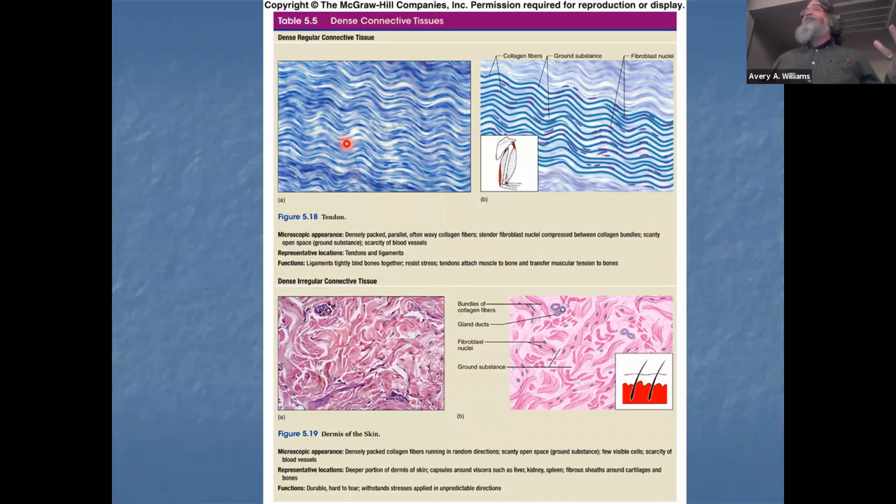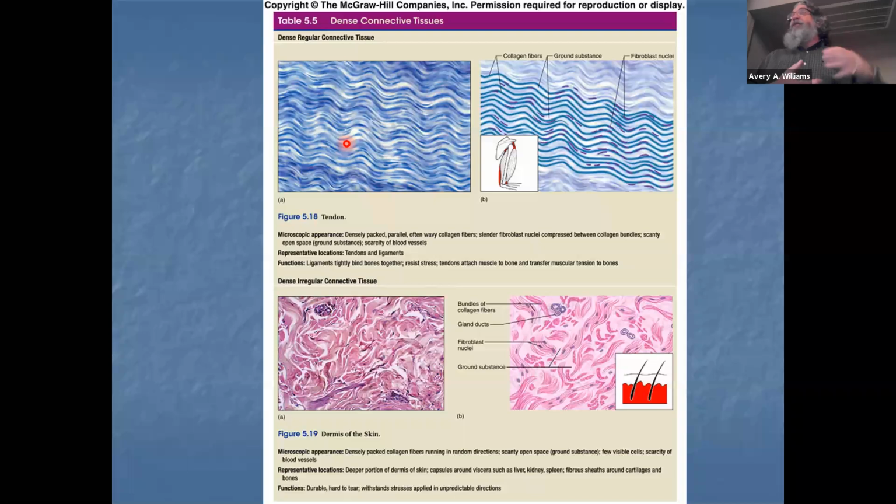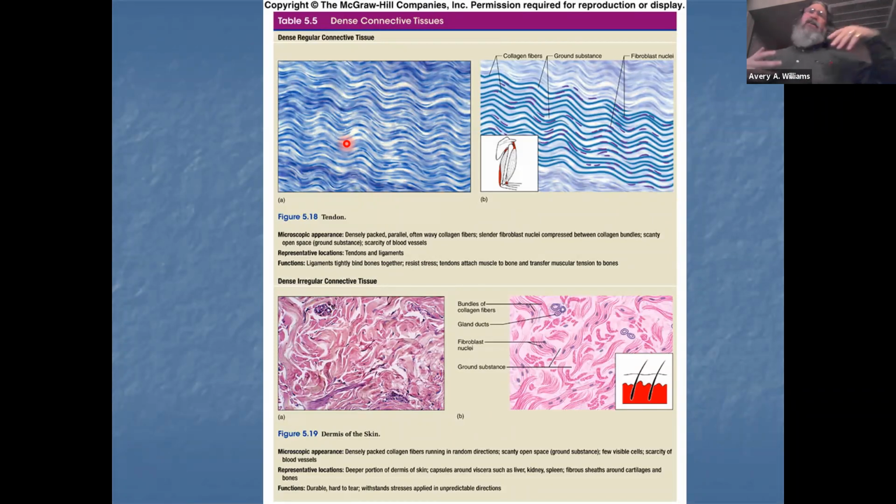Because if you think about how a tendon works, tendons are pulled on by muscles. And in turn, that tendon is attached to some kind of substrate, usually a bone. You know, it's anchored to a bone. It could be another muscle, it could be skin, it could be other. Most times it's bone.